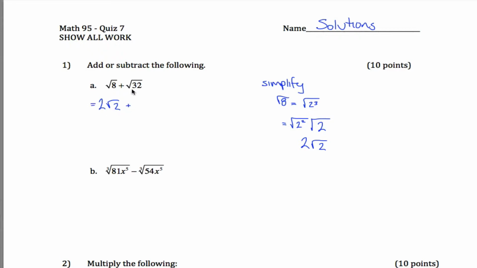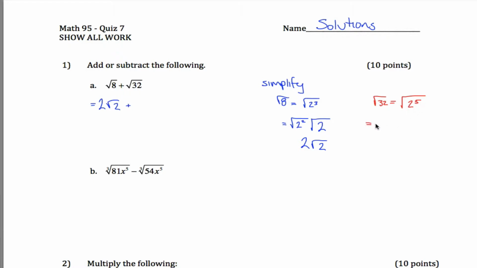And then I need to add to that the square root of 32. Well, if you do some prime factorization, what you'll find is 32 is 8 times 4. 4 is 2 times 2, and 8 is 2 times 2 times 2. So the square root of 32 is the same as the square root of 2 to the 5th power.